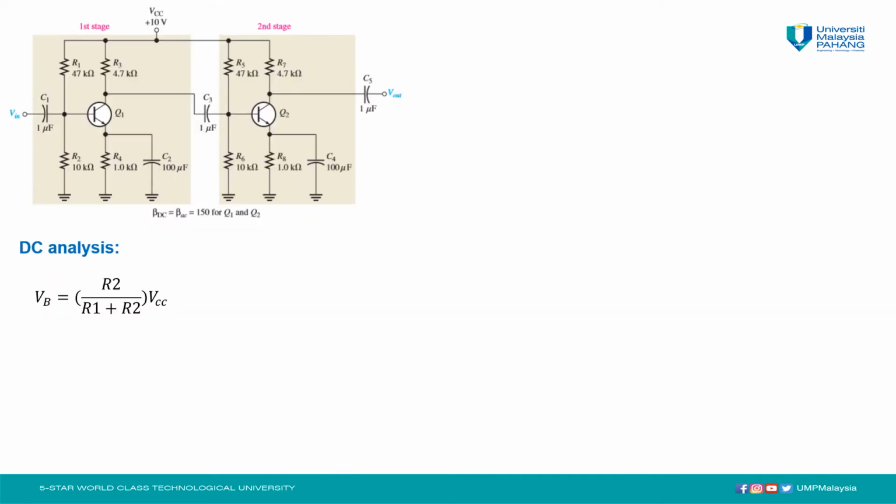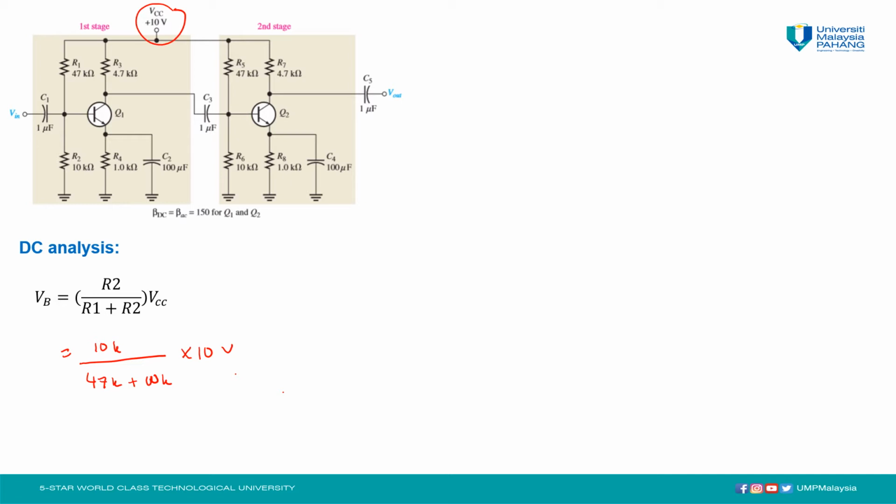Now let's do the DC analysis of this multi-stage amplifier. For VB, it is given by R2 over R1 plus R2 times VCC. So we will get 10K over 47K plus 10K times 10 volt, where VCC is 10 volt.